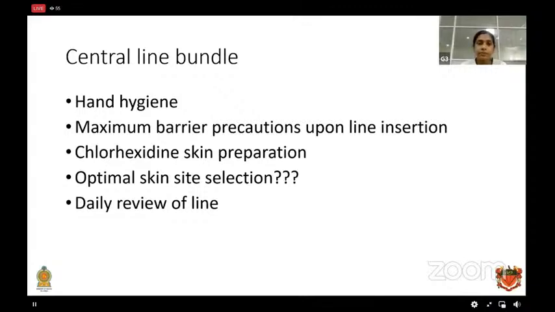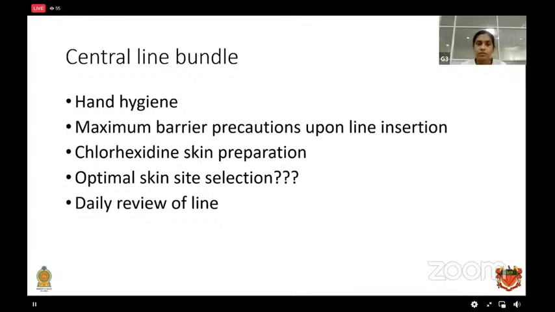And for skin preparation, chlorhexidine is the best, but in Sri Lankan settings, we have betadine. That's all right. Initially, there was a guideline. The femoral site is more infectious than the other sites, but it was removed from the guideline.